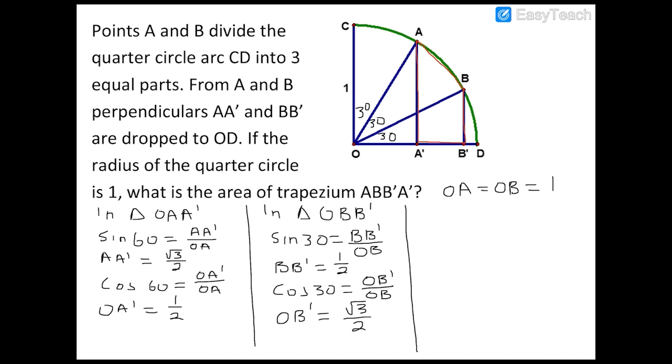So we have this side of the trapezium, and we have this side, and we have OB prime and OA prime.